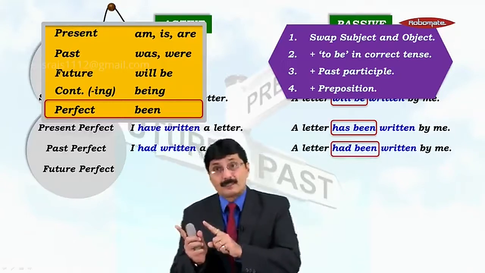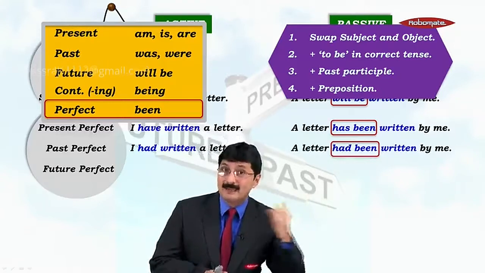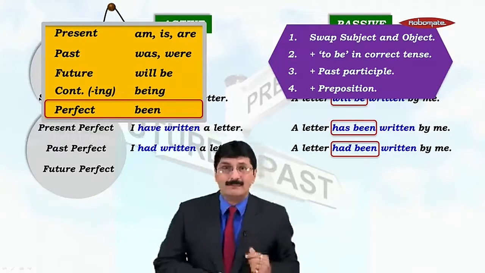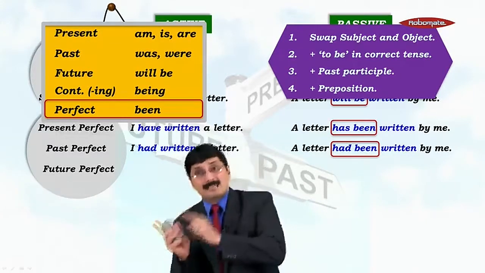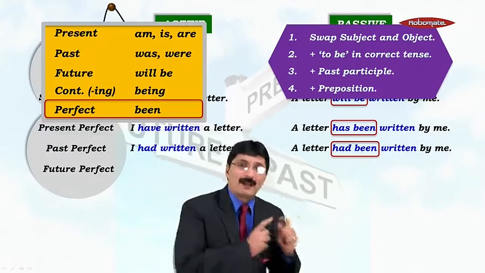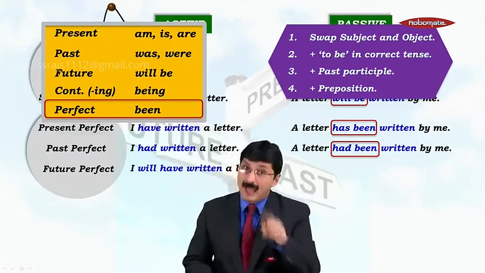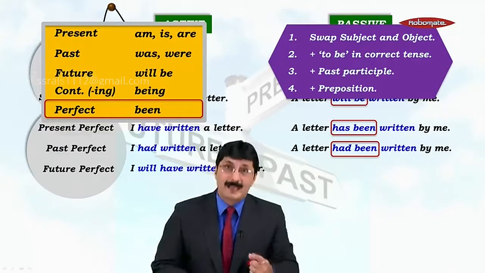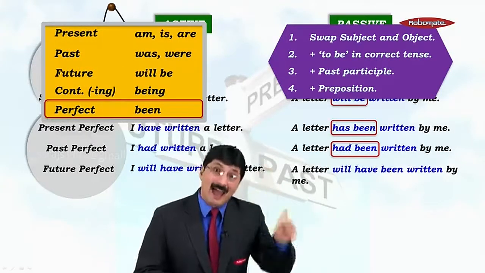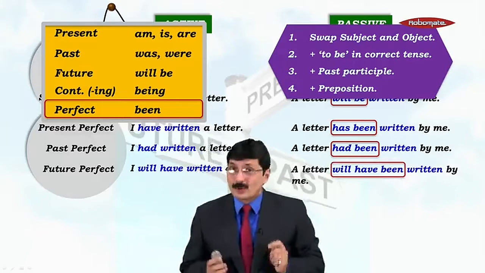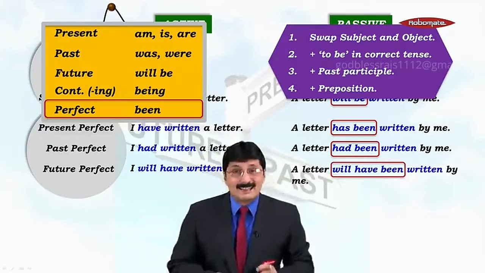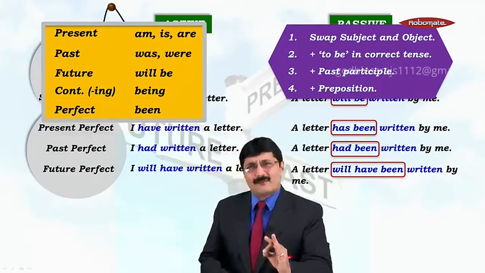So, present perfect would become has been or have been in the passive voice. Past perfect in the active voice would become had been. And future perfect, will have written, for example, would become will have been written. So my dear friends, it's getting clearer every time.